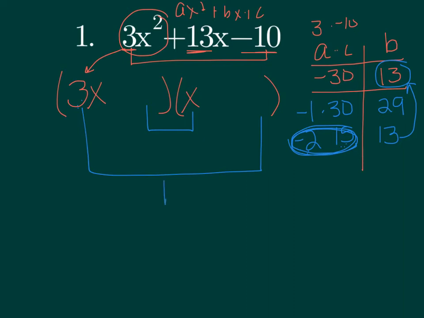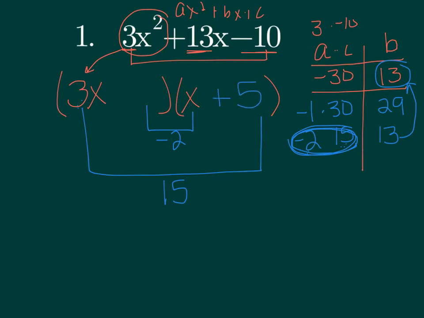Well, 3 will go into 15, so I'm going to put a 15 here, and that means my negative 2 goes up there. So the 15 means we take this term times this term, which we don't know, and we have to get 15. So 3 times what will equal 15? And my answer is 5. It's a positive 5, so I'm going to put a plus 5 there.